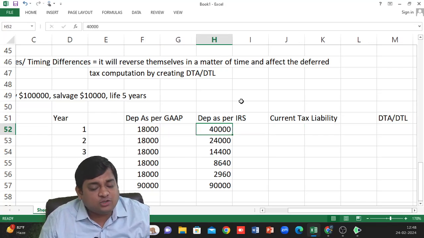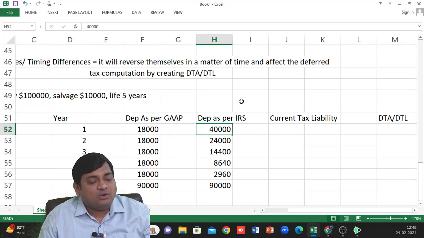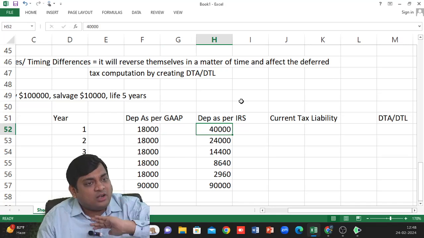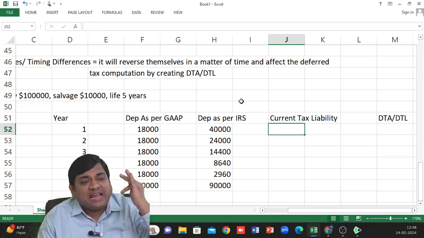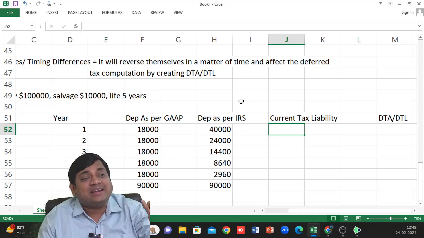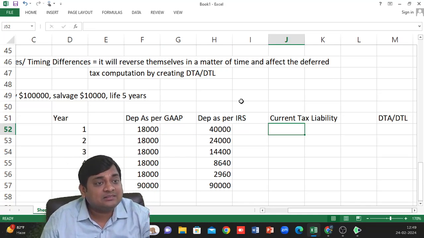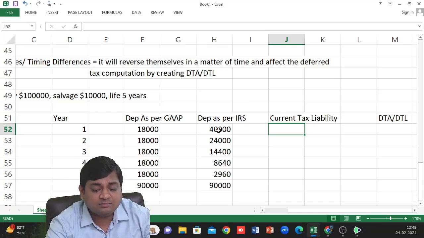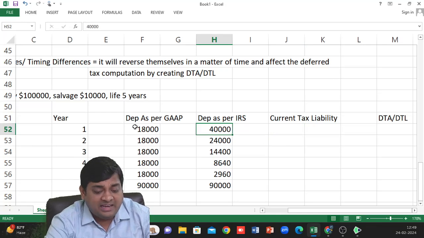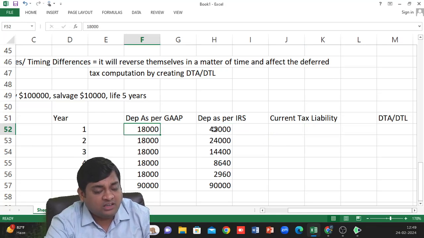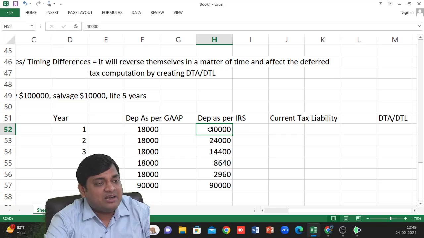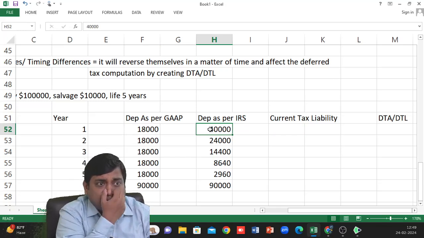But as per IRS, it should be 40. So what will I do? I will add 18, subtract 40. So will my taxable profit come down or increase? It will come down because I am claiming more depreciation. 18 I am going to add back, 40 I will subtract.